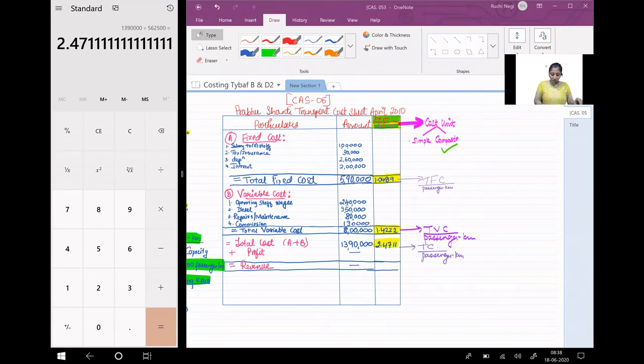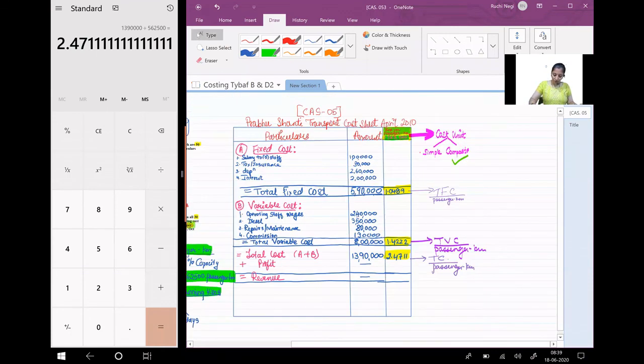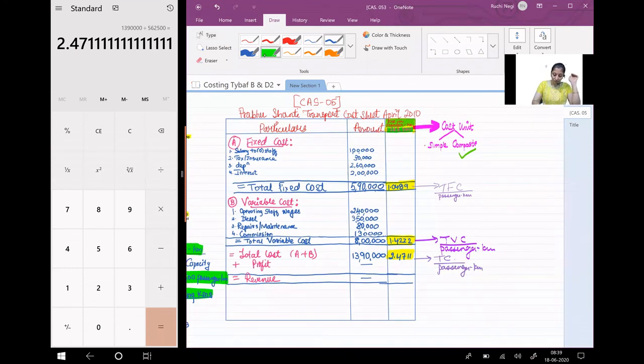Fine, students. So you can take a note of this. This is the main formula. So this is your final answer. This is your main answer, on this you are going to get 15 marks. Is that clear? So what is the cost? Cost is 2 rupees 47 paisa per passenger kilometer. Understood? And do write these highlights also.